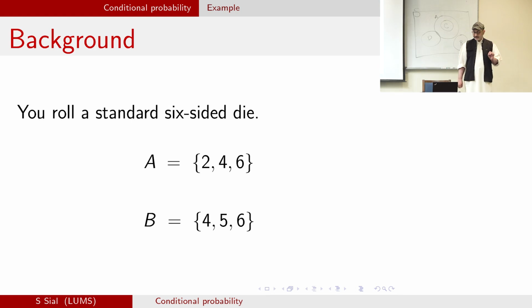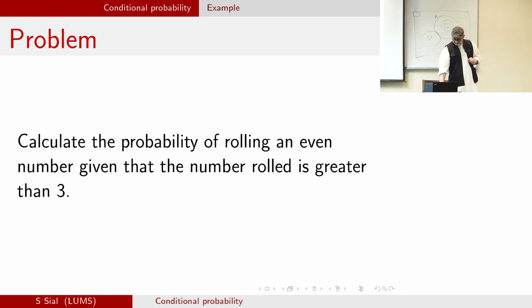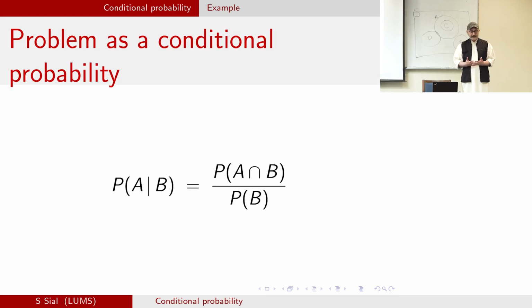A is rolling a 2, a 4, or a 6 with a 6-sided die. B is rolling a 4, a 5, or a 6 with a 6-sided die. Calculate the probability of rolling an even number, that's the event A, given that the number rolled is bigger than 3.